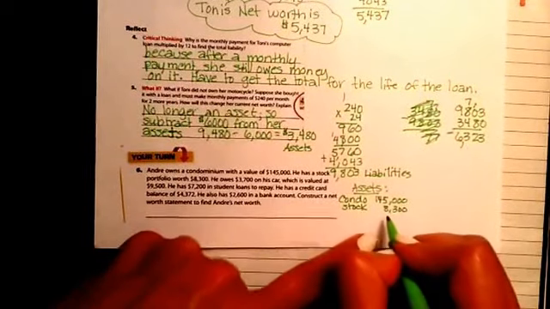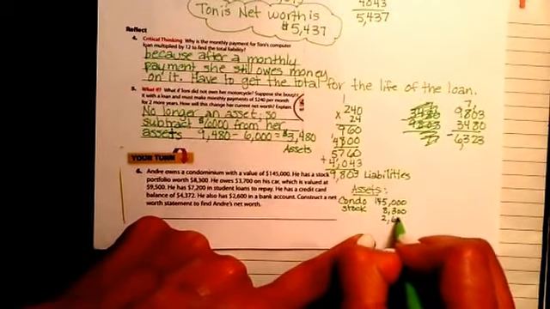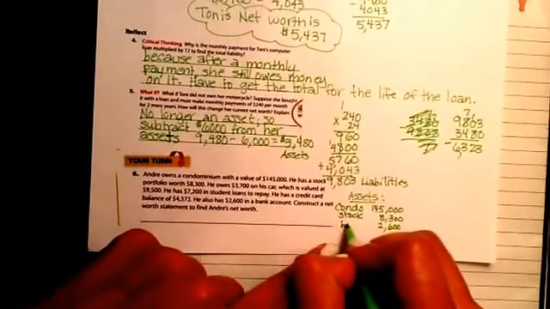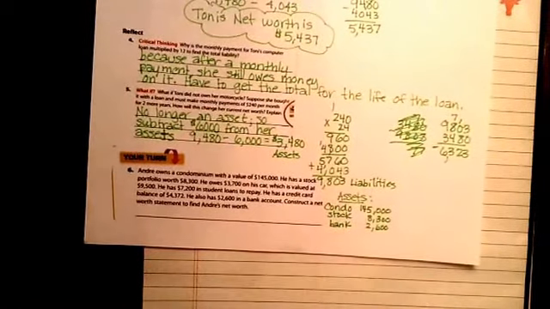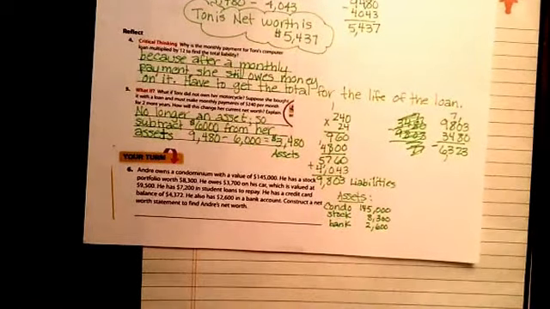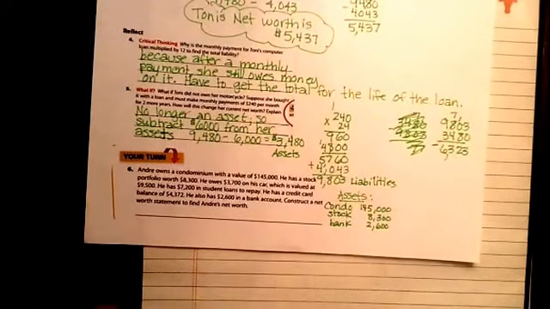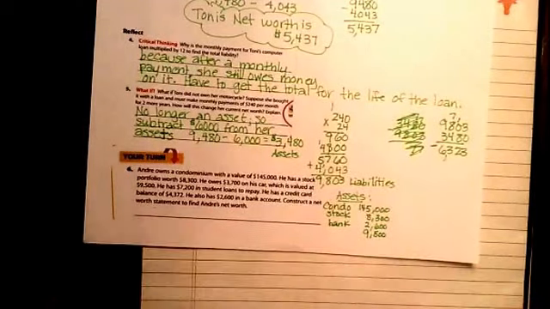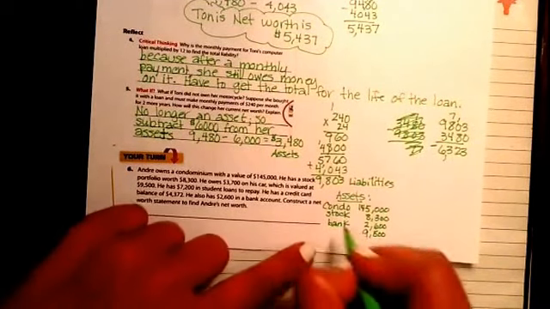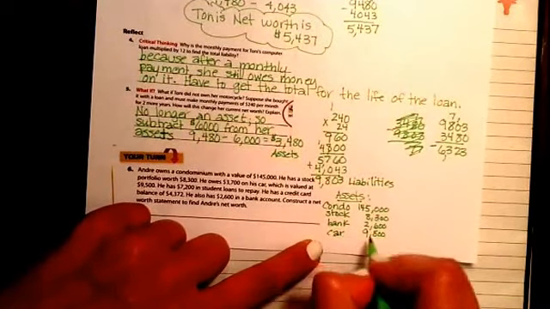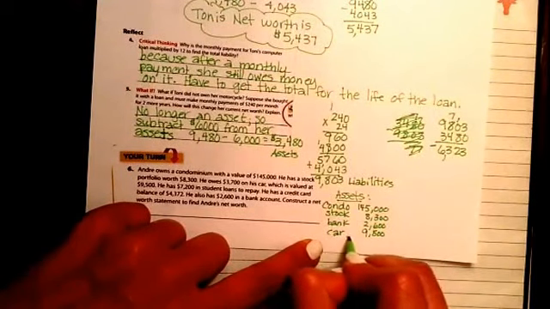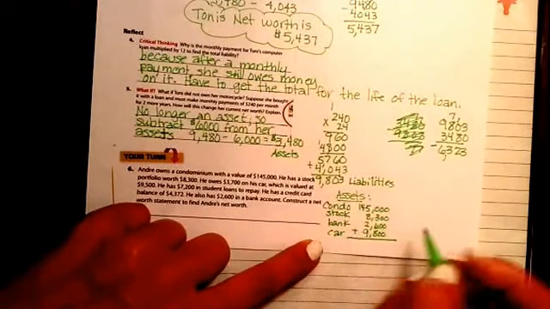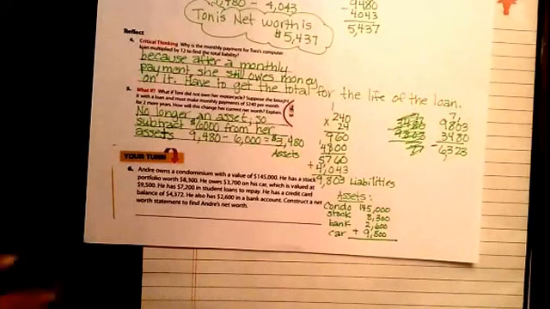His bank account was $2,600. And we're also going to have to add in his car because it says that his car has a value of $9,500. So he's paid a good amount on it. We're going to add that. That's actually going to be part of his assets.